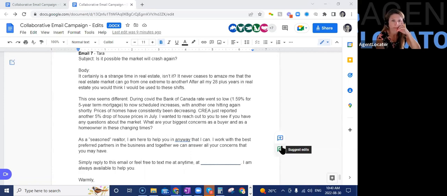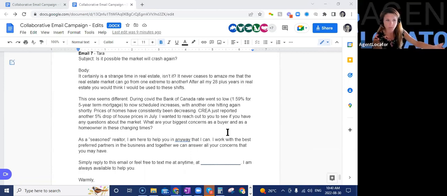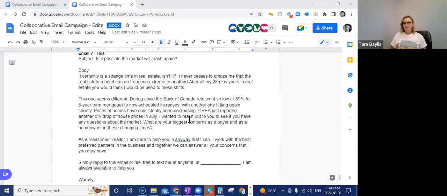Because some lenders, when the interest rate is raised again, just before closing are now pulling their commitments. So the subject line: is it possible the market will crash again? I really wanted to address it head on.